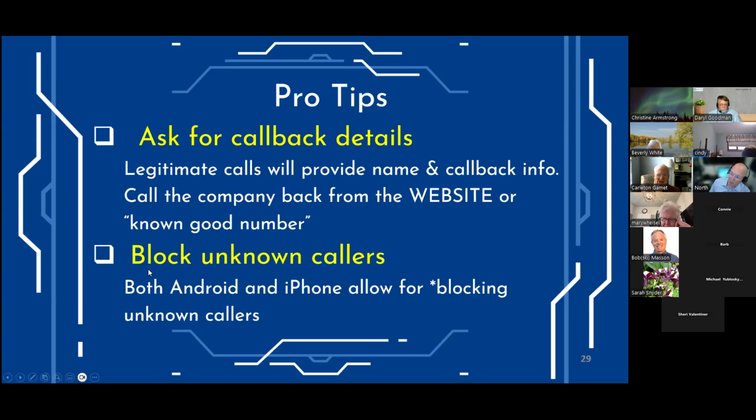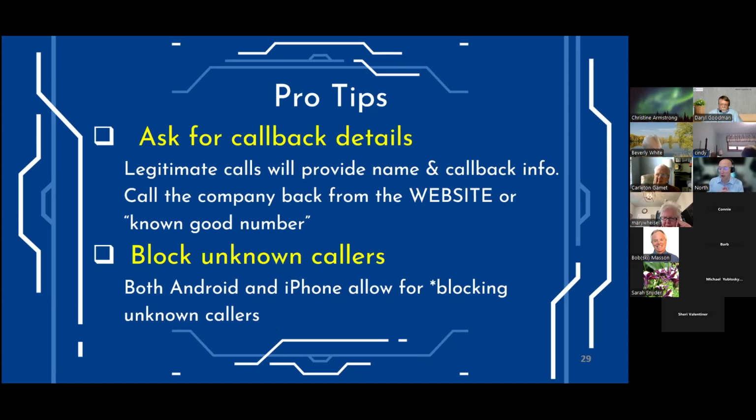The other thing is you can block unknown callers. There's a setting on both Android and iPhone that allows you to block unknown callers. It will send it right to voicemail. Understand this, that if it's somebody calling that is not in your contacts list, it will automatically go to voicemail.